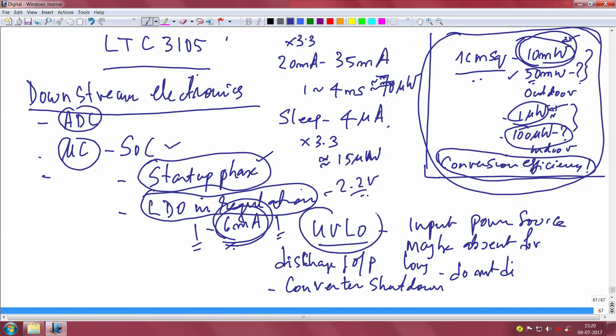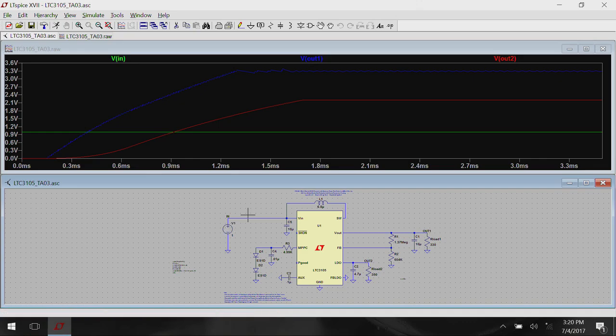This is one thing. Another feature which the LTC 3105 seems to have, which energy harvesting chips normally have, is under voltage lockout. Why is this important? Because the input power source may be absent for extended periods. In this simulation picture that I have here, if this particular input power is not there for an extended period, you do not want this output to vanish just because the LTC can now accept power in this direction and ground it, right.